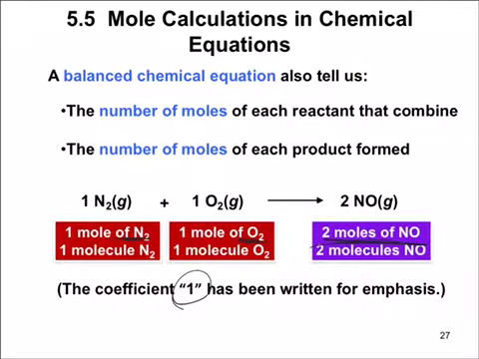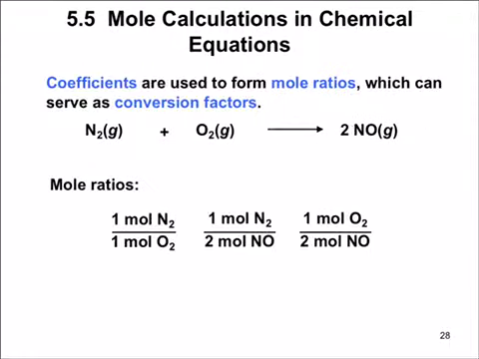So, not only is it the number of molecules, but it's also the number of moles. This allows us to make conversion factors from the coefficients, which we call mole ratios.